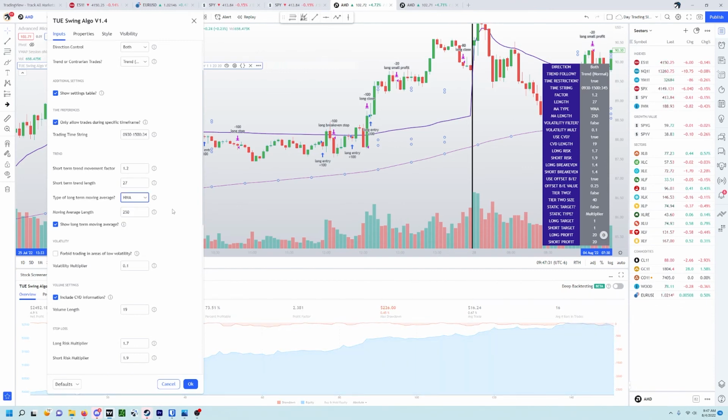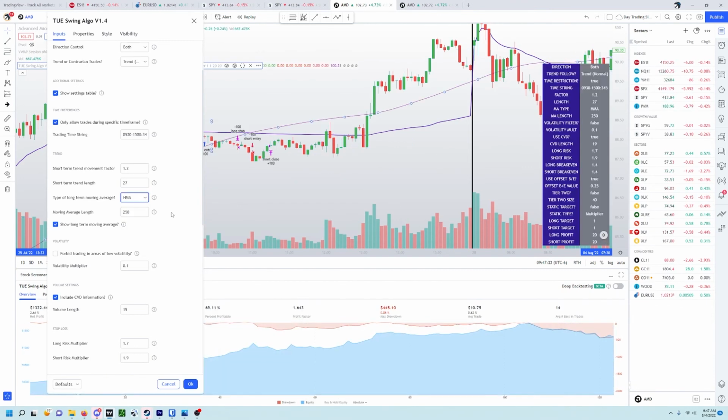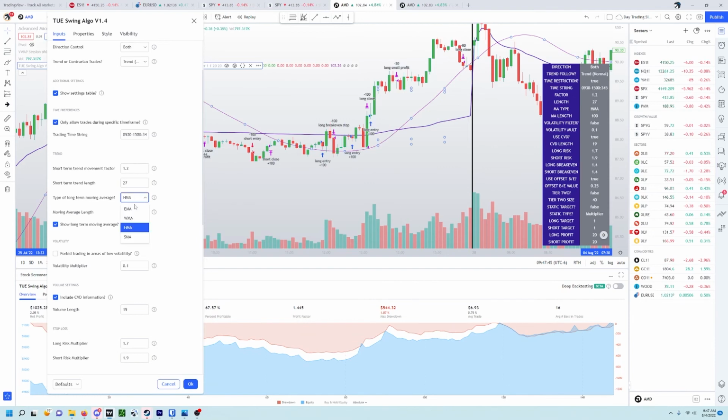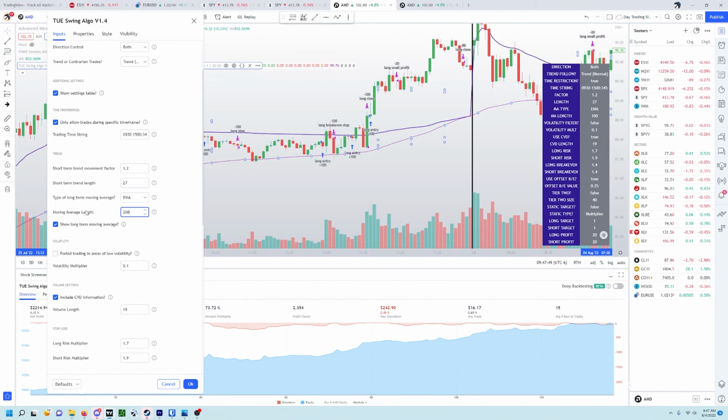The hold is usually terrible unless you're on particular stocks. Yeah, this doesn't look very good. Sometimes it needs really weird numbers too. Like I say, I only include it because it tends to work really good on Forex for whatever reason. So we'll go back to the EMA 200.